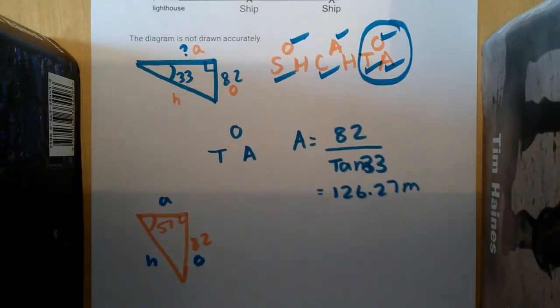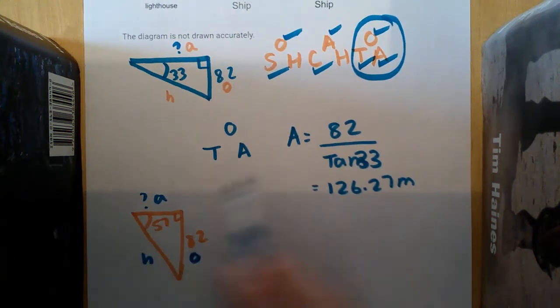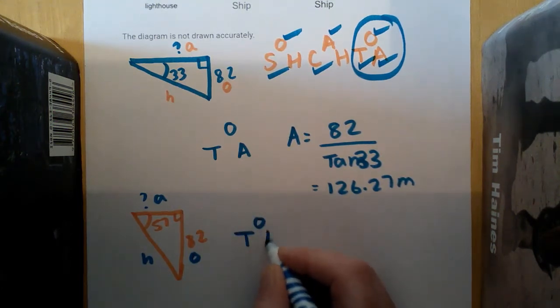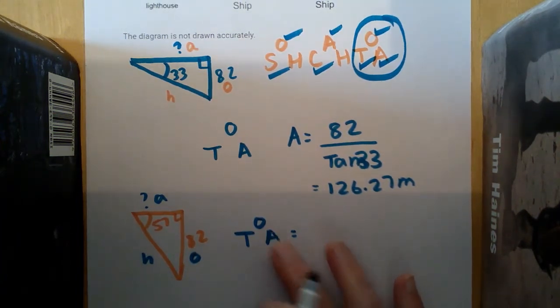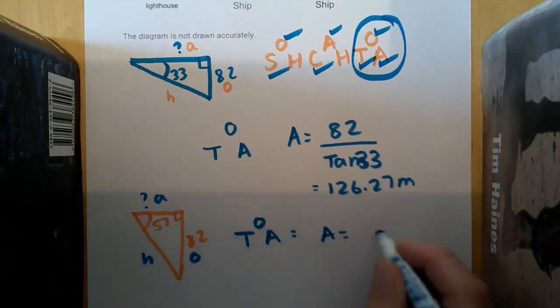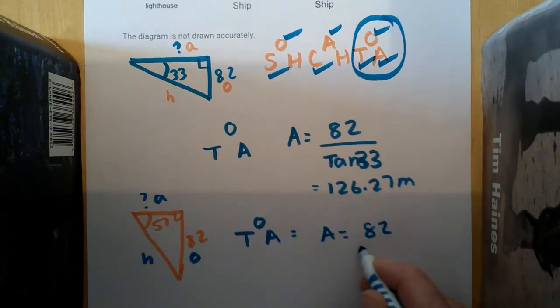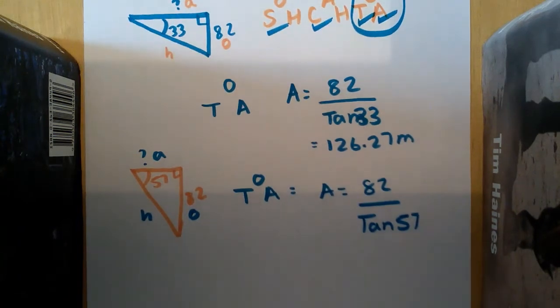And we're trying to find the same thing. We're trying to figure out what the adjacent is. So we're going to use TOA again. And again, we're trying to find the adjacent, so it's exactly the same formula. The adjacent is going to be the opposite, which is still 82, only this time it's over tan 57, because my angle's 57.